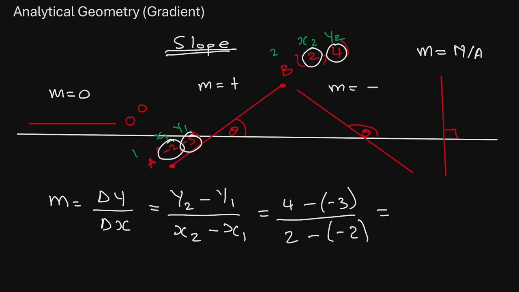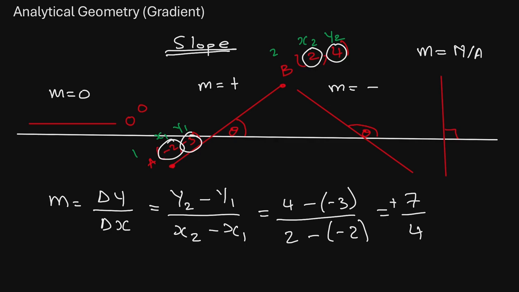So the gradient of this line is going to be 4 plus 3, which is 7, over 2 plus 2, which is 4. So therefore, we can clearly see that the gradient of the line is positive. If you have an increasing line, the gradient is going to be positive.